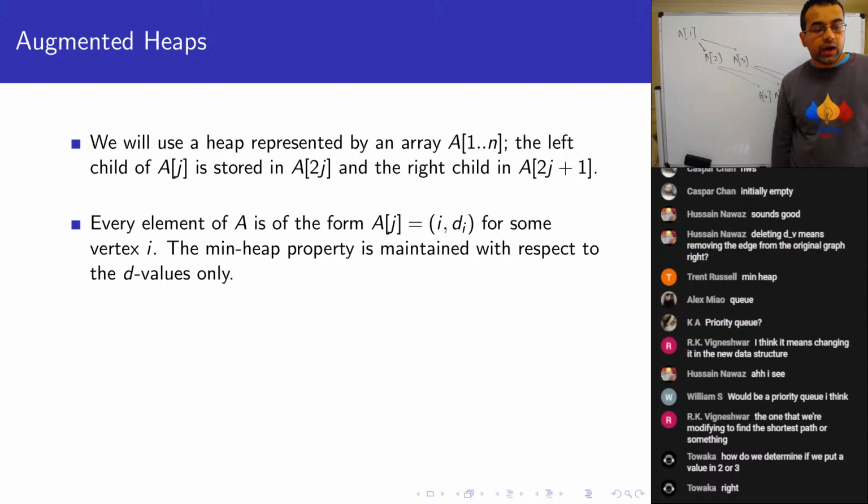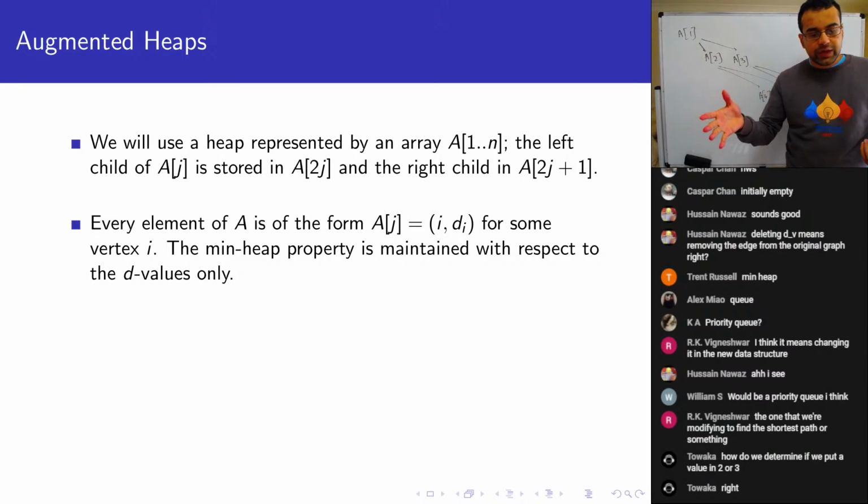Now, what are these elements? Well, when we talk about storing the DV values in the heap, we may just think literally that, put the D values at the various entries of the heap. But I'm going to modify it slightly. I'm going to store not just the D values, but a pair of vertex and its d value.